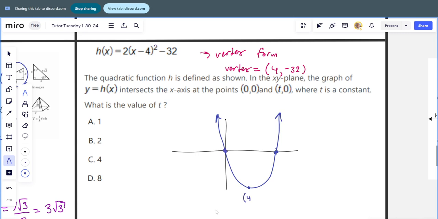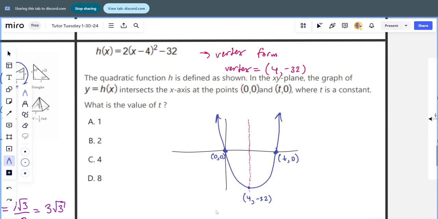So let me label these points. This is at 4, comma negative 32. This point is at 0, 0. And this point is at t, 0. Yeah, this is Algebra 2. I specifically drew it like this, admittedly a little bit poorly, because a parabola is symmetric around the vertex.